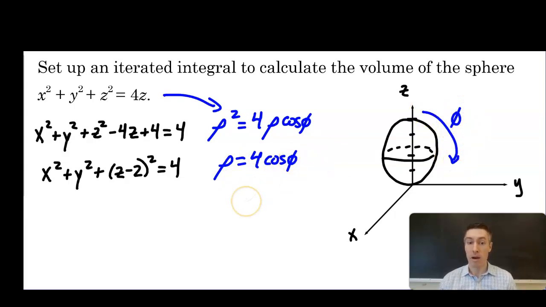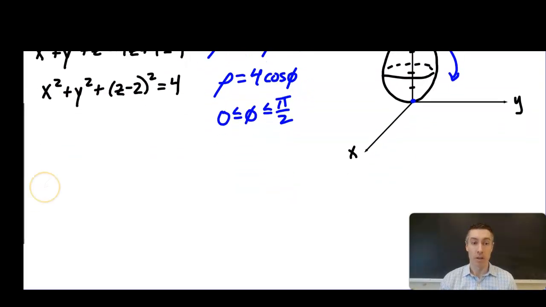So if we think about phi bounds here, to get back to the origin, that's going to be phi equals pi over 2. So if we plugged in 0, we'd get 4, which would put us here, and then to get to the other side of the diameter, we would only need the angle of pi over 2. And then theta will spin us around the z-axis to complete the whole sphere. Right, so that's another important part of this example.